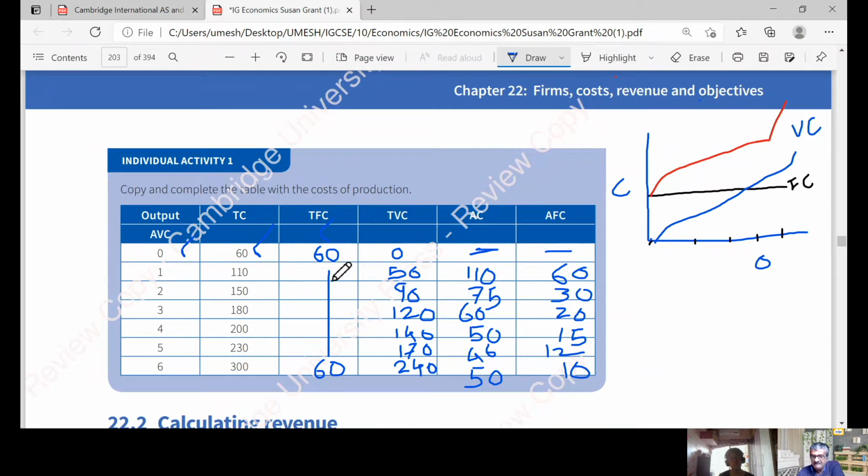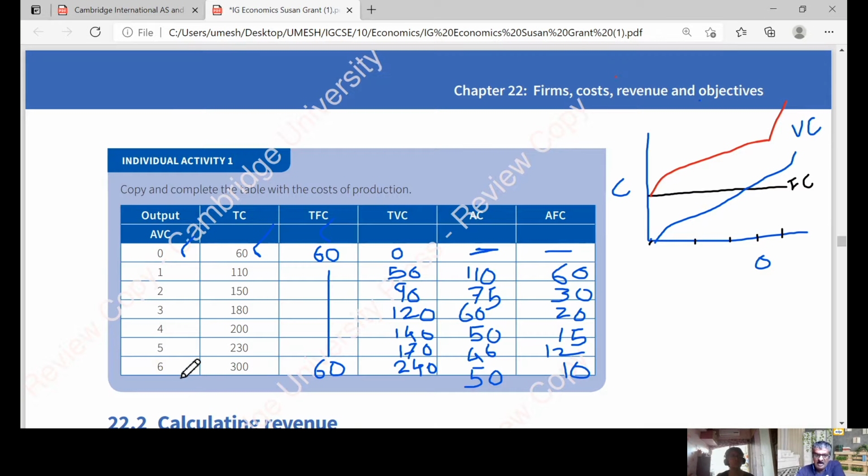Then at output 1 it became 60, then 2, the total fixed cost was 60 only. And when the output was 6, at that time also the fixed cost was 60 only.